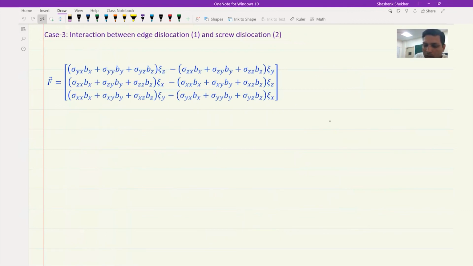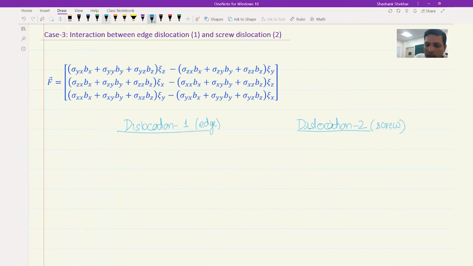So here we will write: this is dislocation 1, this is our edge and this is screw. And line vector is same.